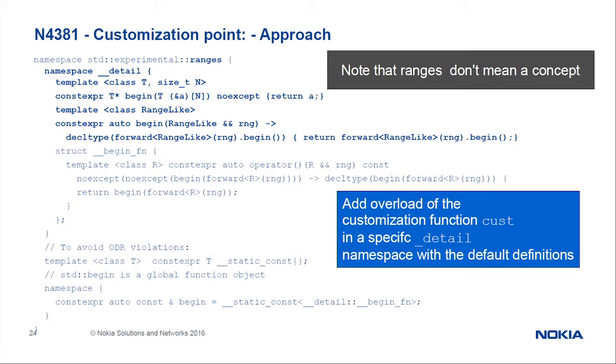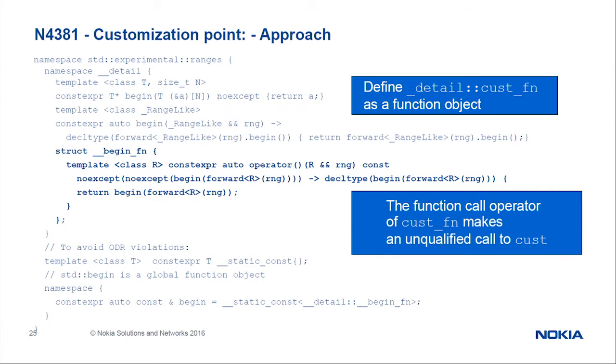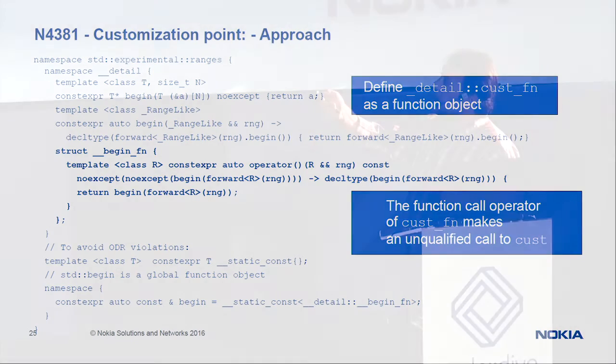First, what we do is add the overloads for the default customization points in a detail namespace, for example begin, that forwards to a function that has dot begin, or begin for arrays.